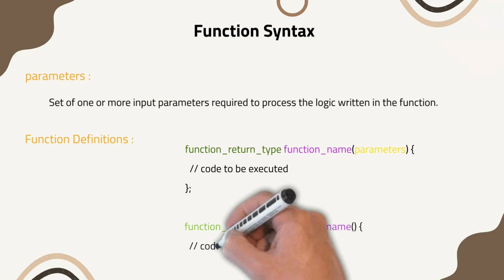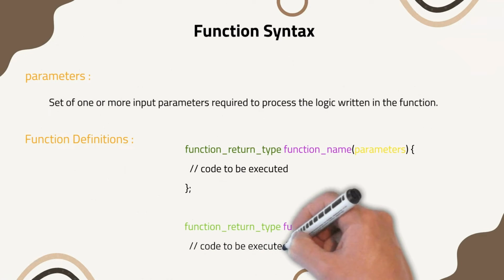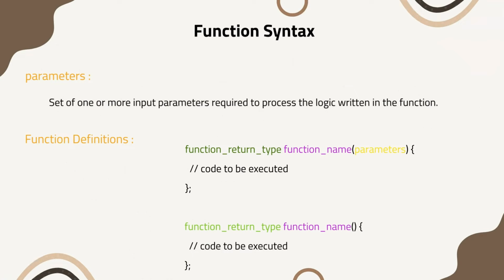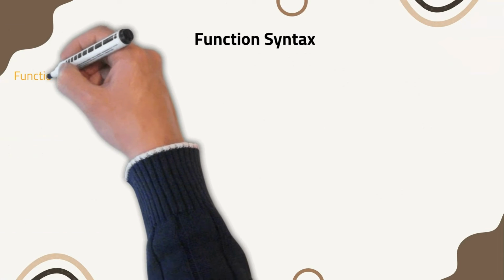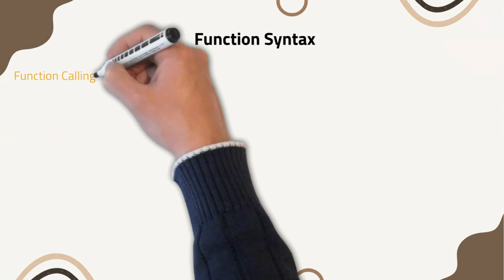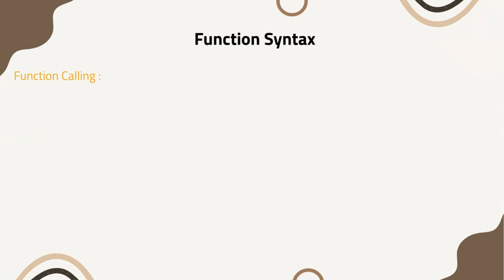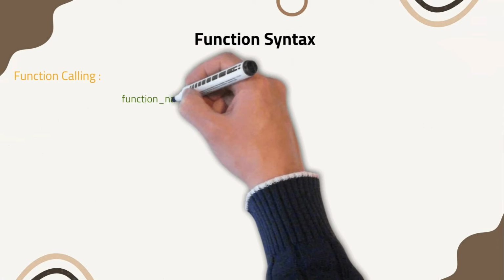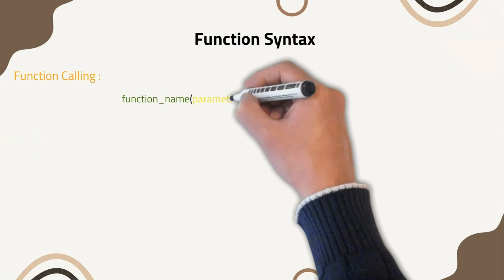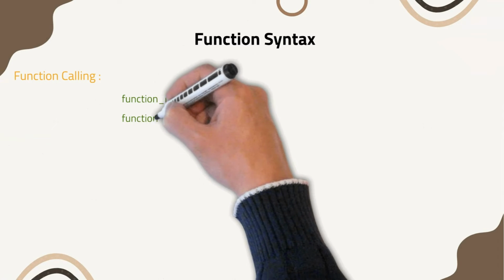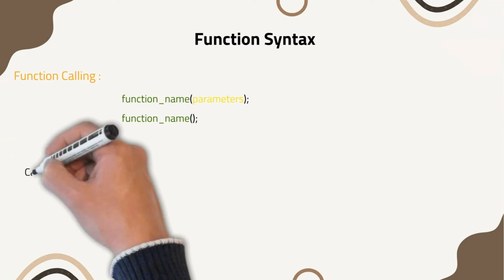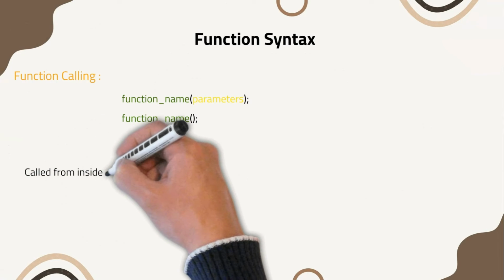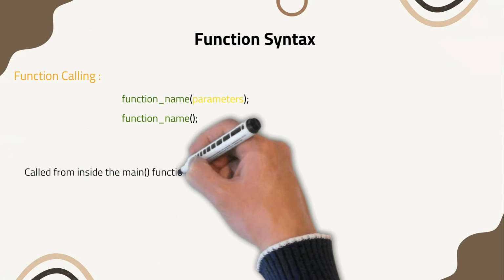All the function definitions are defined outside the main function block. To call or execute the function, we mention the function name followed by optional parameters. The functions are called from inside the main function block.